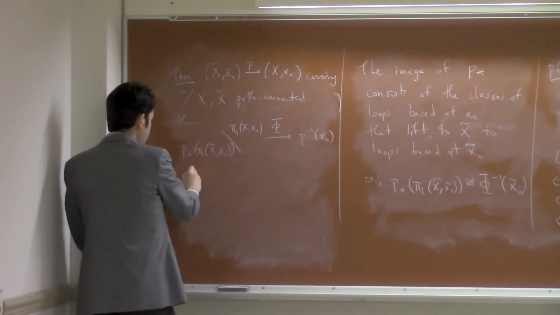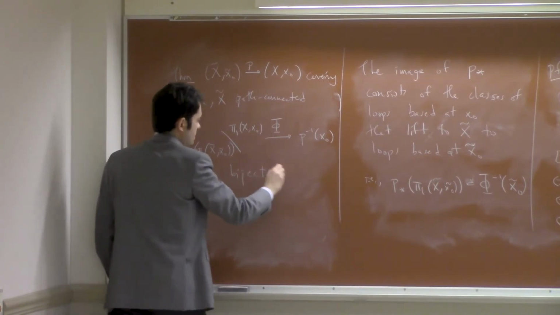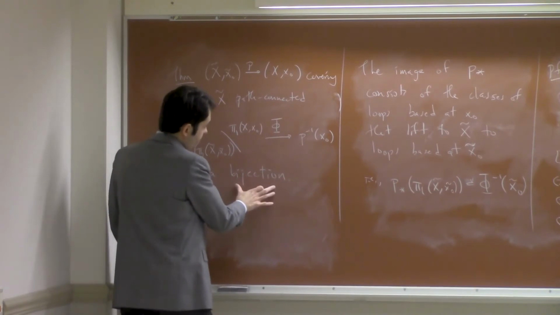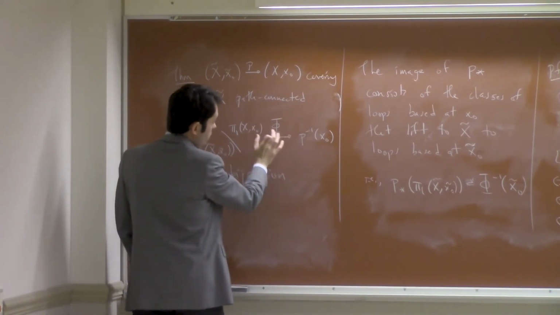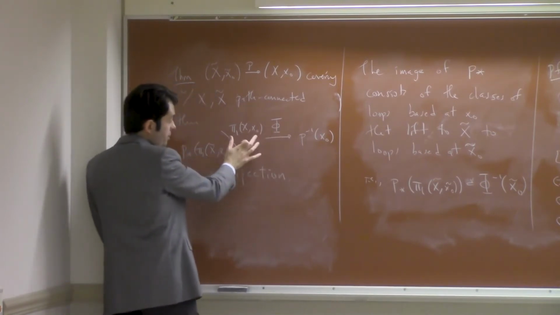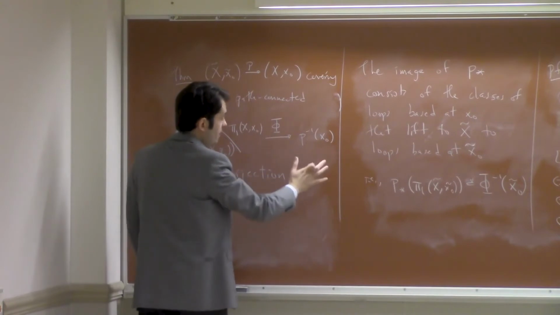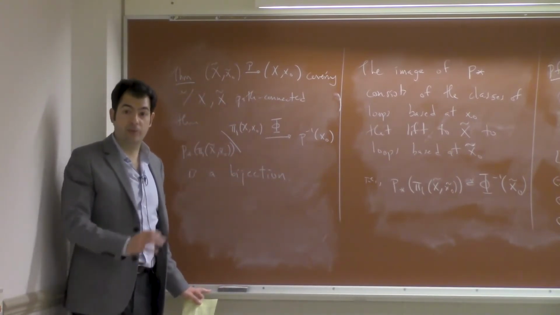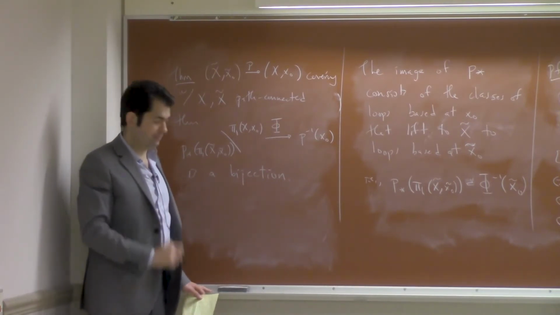And the claim is that this is a bijection. Notice again that even though there's a group over here and a space over here, we're not claiming anything about continuity or homomorphisms or anything like that. We just have a map of sets, and the claim is that it's a bijection.